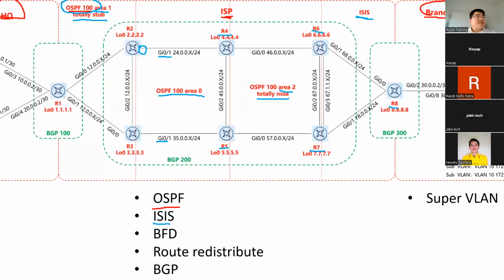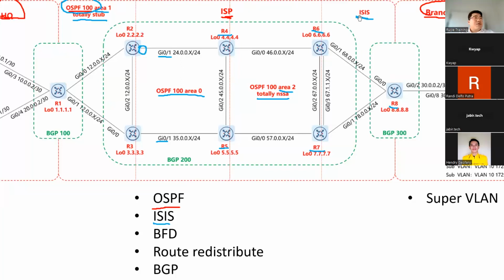Yes, very good. ASBR, right? R6 and R7 are both ASBR. What an ASBR is was already introduced in HCNA, but let's see it together here. Since R6 and R7 are running both OSPF and ISIS, they are connecting with another protocol, ISIS.